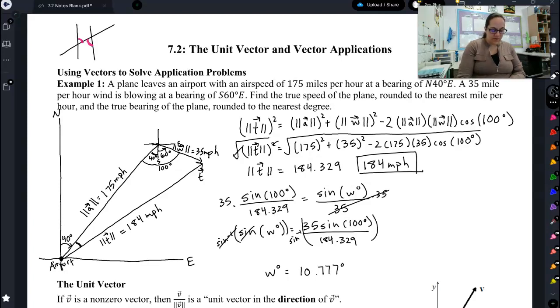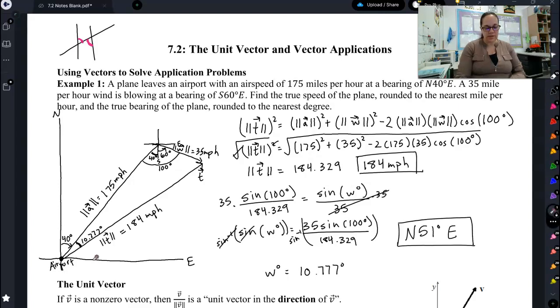So this little tiny angle right there is 10.777. So our true bearing looks like it would be north. Then I'd have 40 plus that 10.777 would give me 50.777. Rounded to the nearest degree would give me 51 degrees east. So that wind is pushing us a little bit off our initial vector.